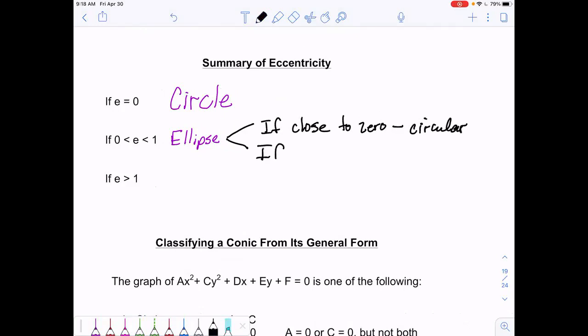And if it's close to 1, then we call it elongated. It's a wider, skinnier ellipse, more stretched vertically or horizontally.